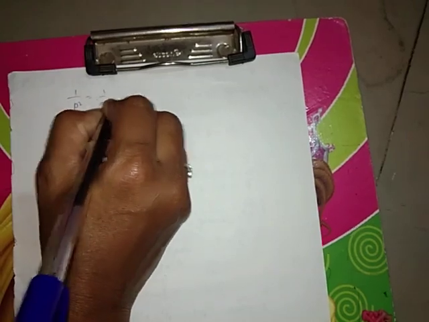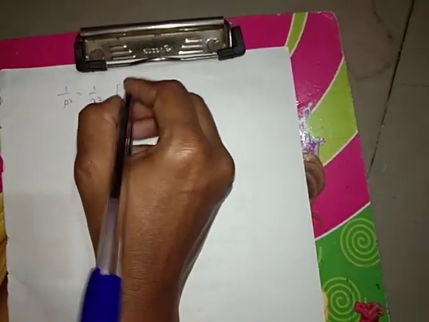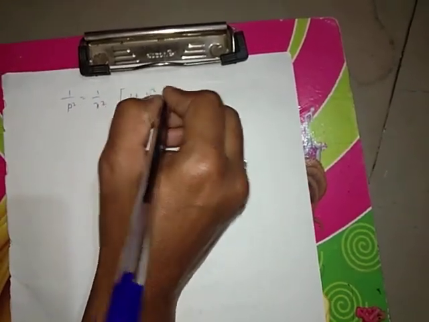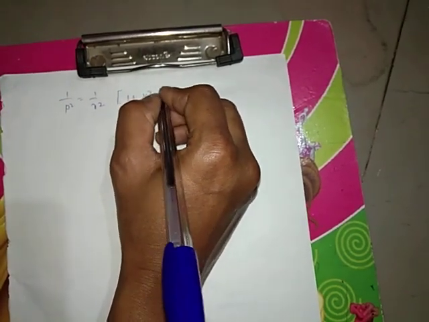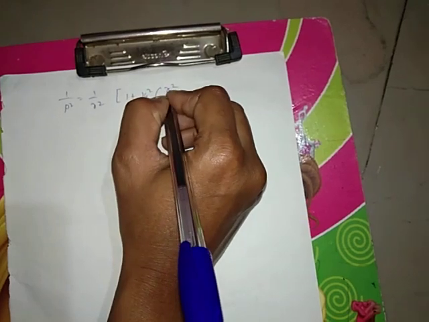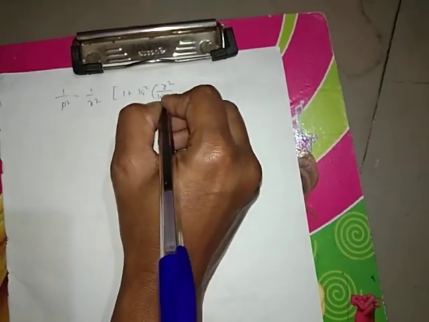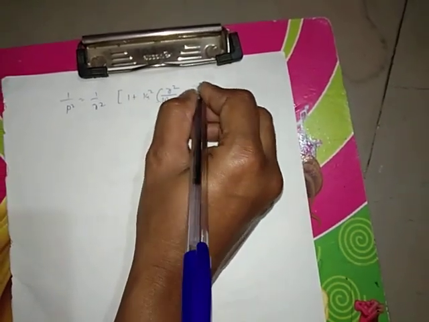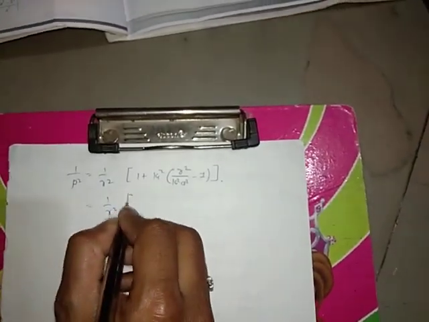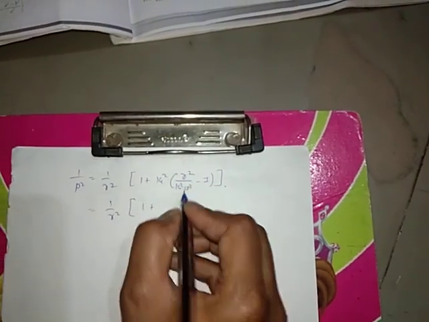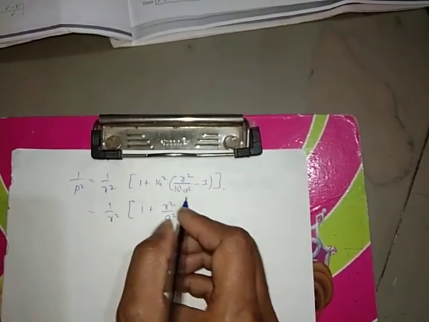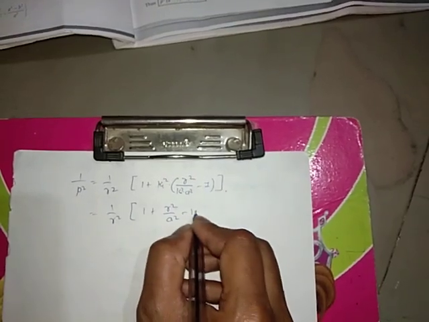1 by p square equals 1 by r square into 1 plus k square into tan square kθ, which is, put a bracket here, r square divided by k square a square minus 1. Now open the bracket here: 1 by r square into 1 plus k square, k square gets cancelled, r square divided by a square, k square into minus 1 is minus k square.